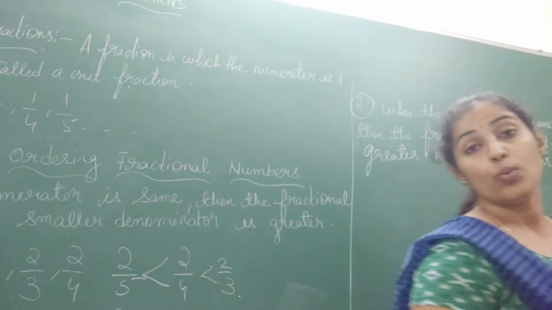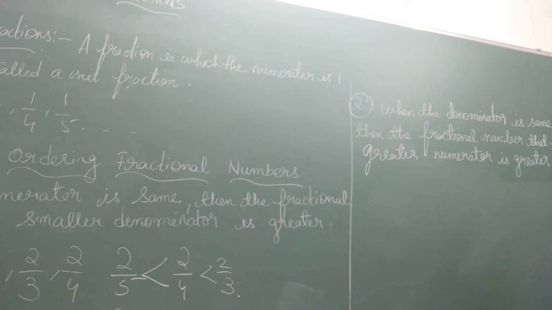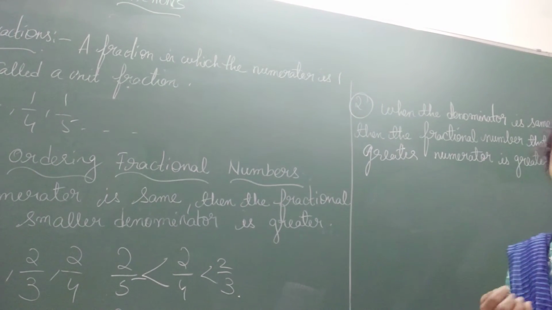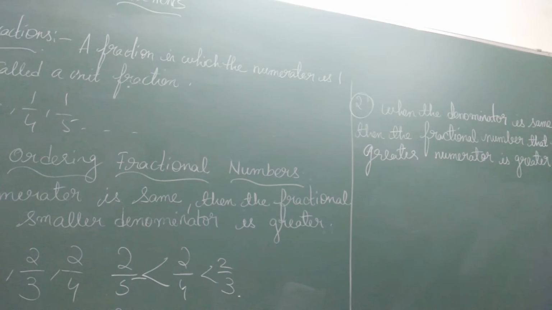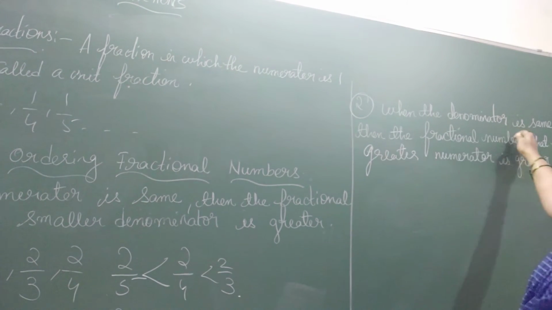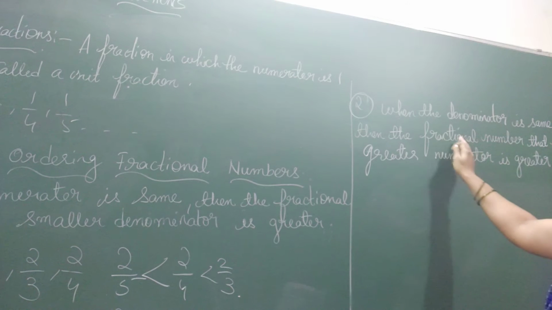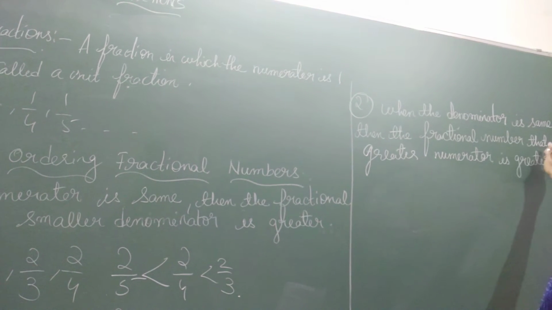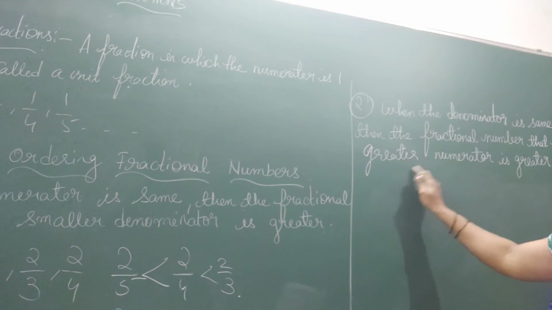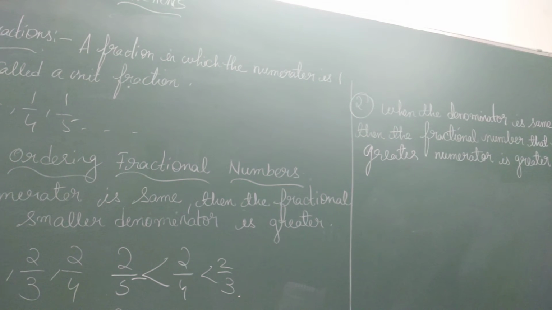Now we are taking the case when the denominator is the same. How can we arrange? Which is a greater one, which is a smaller one? When the denominator is the same, then the fractional number that has the greater numerator is greater.